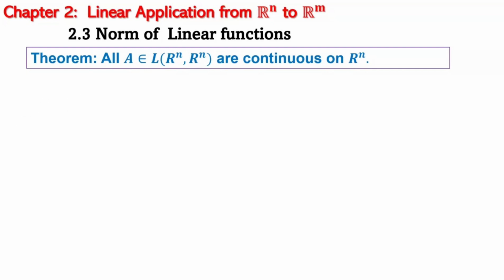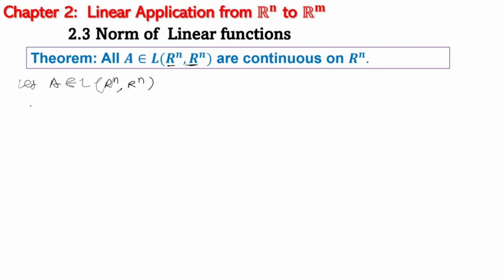In the next theorem, we are going to prove that A belonging to L(Rn, Rn) is continuous on Rn. Be careful on this. So let A belong to L(Rn, Rn).